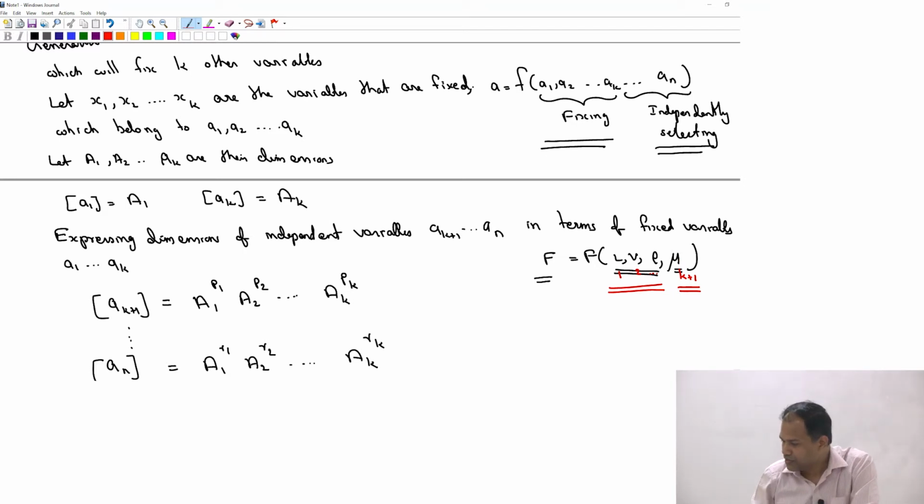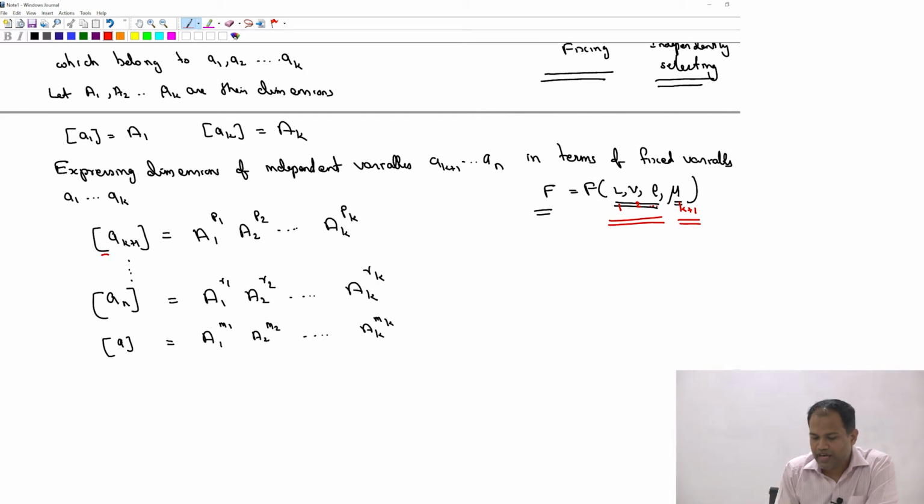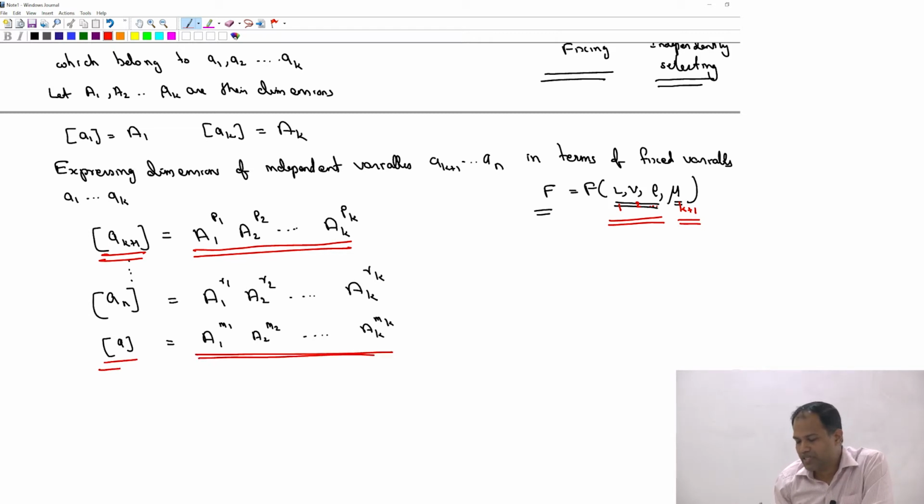So this is the dimension of the k plus 1th variable, represented as dimensions of the first k variables, and the dependent variable a, I can again represent in terms of dimensions of the first k variables.